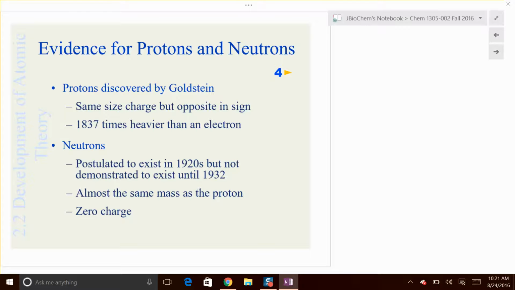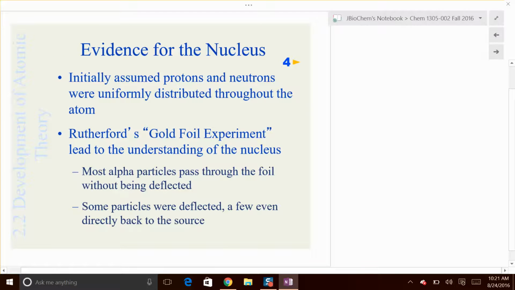The proton has a lot more mass than the electron. Neutrons were postulated in the 1920s, and then later discovered in 1932, and found to have about the same mass as a proton, which we've seen, and a zero charge. So we're starting to get these ideas.